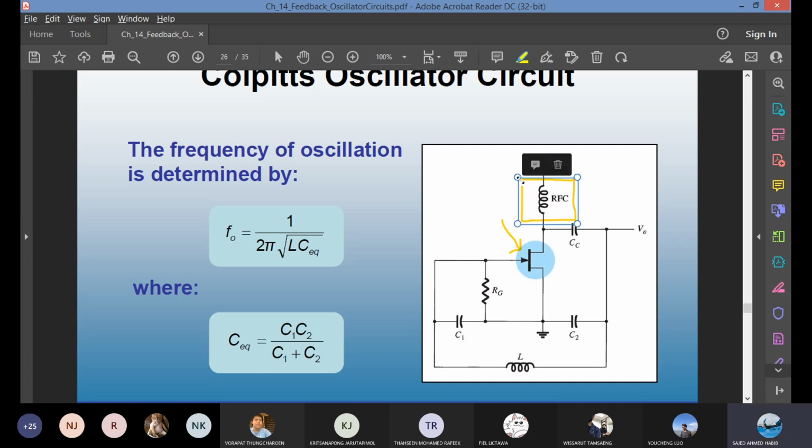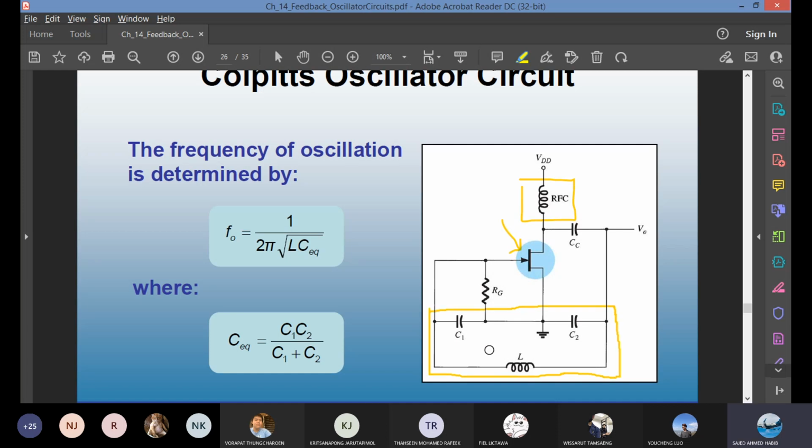This is the radio frequency coil. I told you it's used a lot in radio communication. Where is your tank? LC tank, the parallel combination of capacitor and inductor. If you look at the bottom of the circuit, this is the tank circuit.